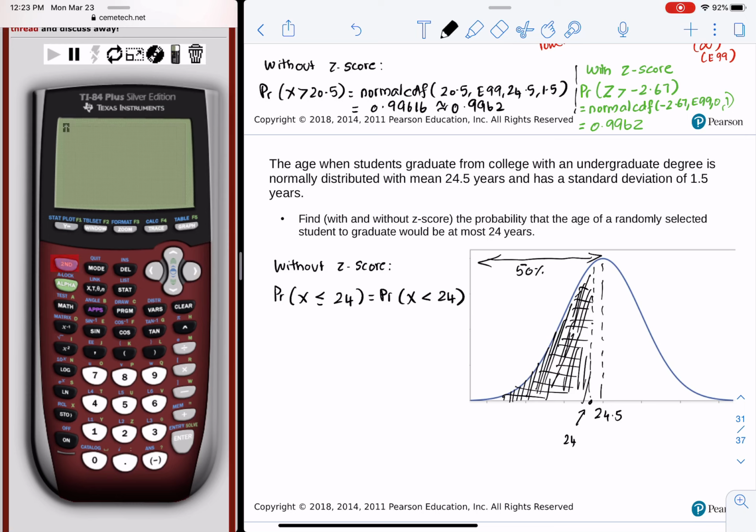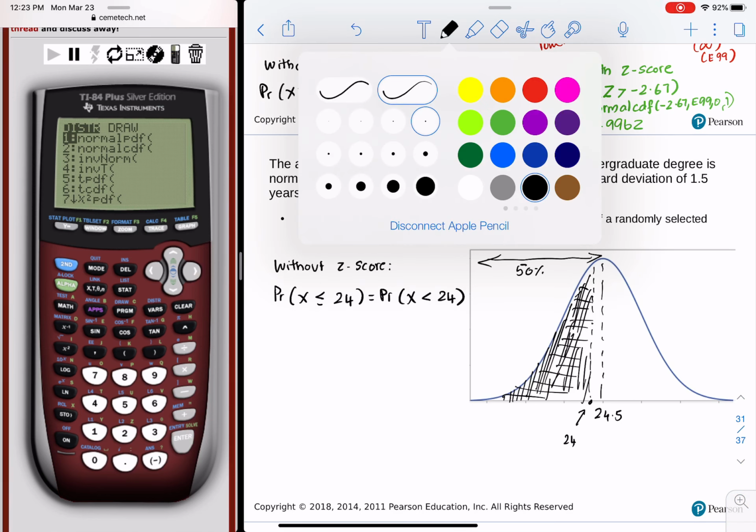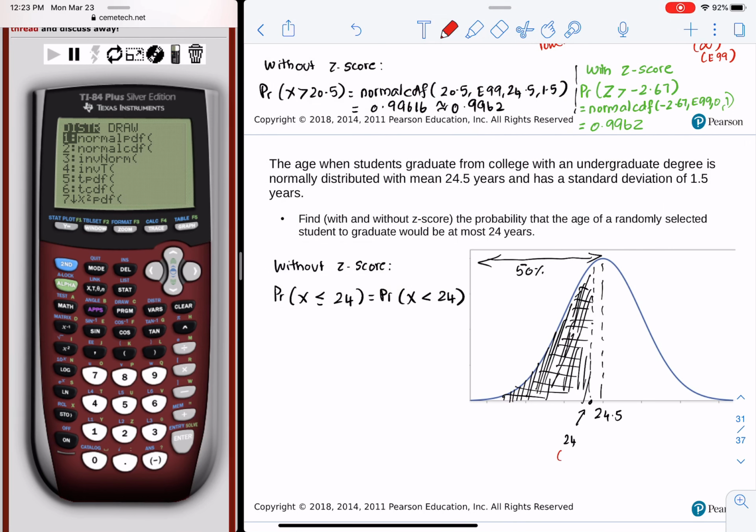So we go back here to the calculator, second vars, and recognize that 24 in this problem is the upper endpoint. The lower is at negative infinity, which is negative E99 in the calculator.